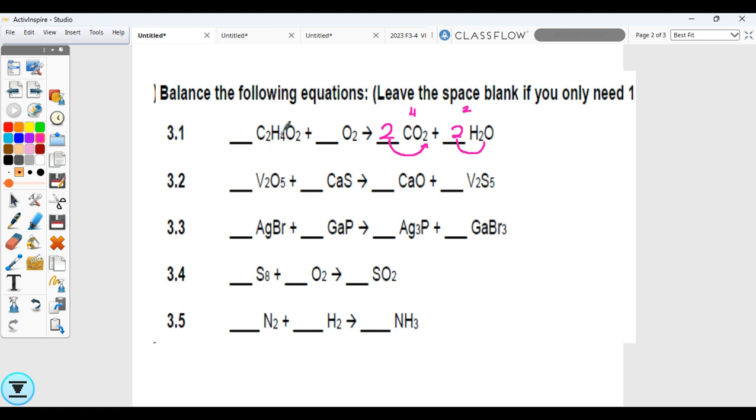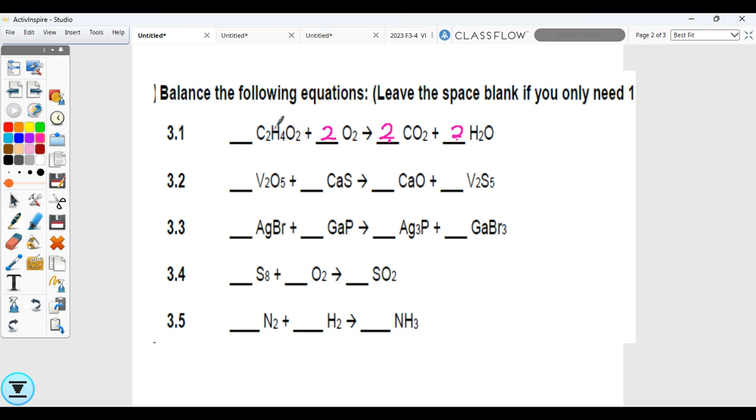So this needs to be 4, so I'm going to put a 2 there if I want to keep that 1. Because if I now go and change this, I change those numbers as well. So then you just have to fix them. And then you'll see you'll end up with a multiple that you can divide to simplify it. And then that's not right. They said leave an empty space if you need 1, so we don't have to put the 1 there in front.